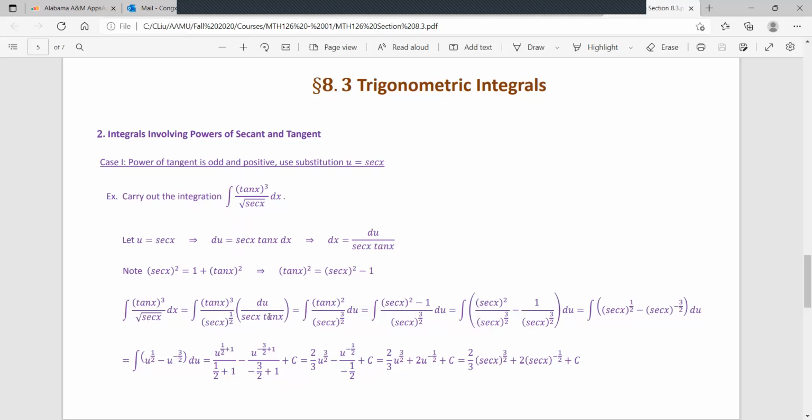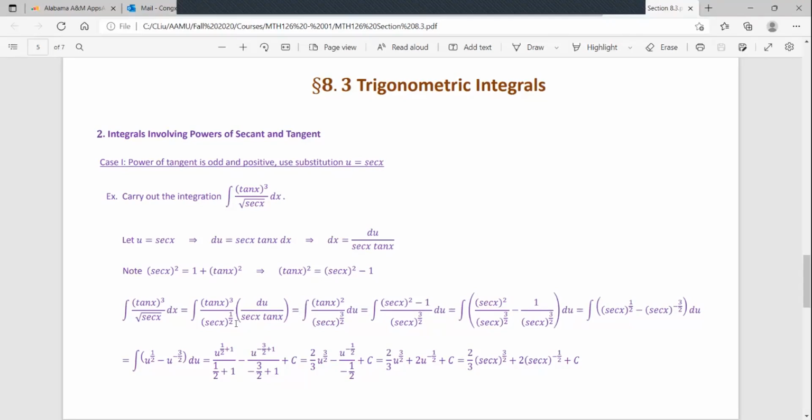So tangent x cubed cancels one factor of tangent x, so it becomes tangent x squared on the top and secant x to the half times secant x. So secant x is just secant x to the 1st power. So when you multiply secant x to the half times secant x to the 1st power, you just add exponents: 1/2 plus 1 would be 3/2.